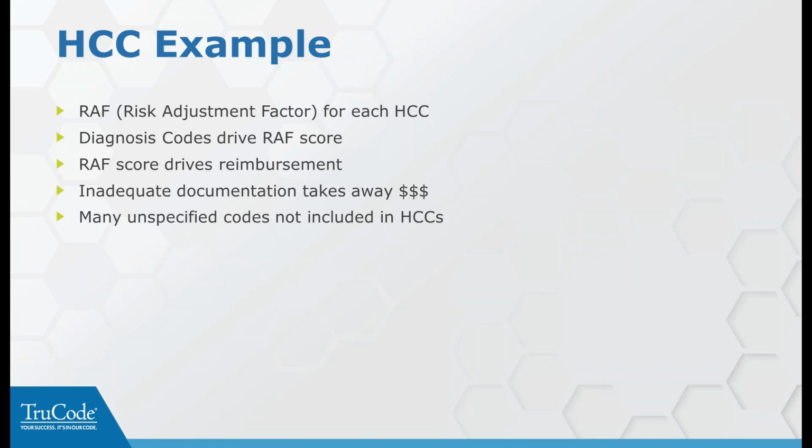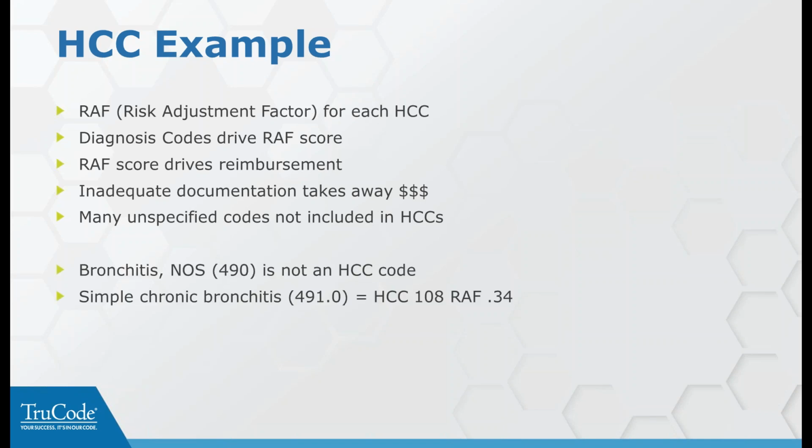So just to give you an example here, the diagnosis code is going to drive that risk adjustment score, and that's going to drive the reimbursement. Inadequate documentation is going to take away reimbursement dollars, and obviously good documentation is going to increase reimbursement dollars. Many of the unspecified codes are not captured in the HCCs, so that lack of specificity is going to cost reimbursement to the hospital and/or physician.